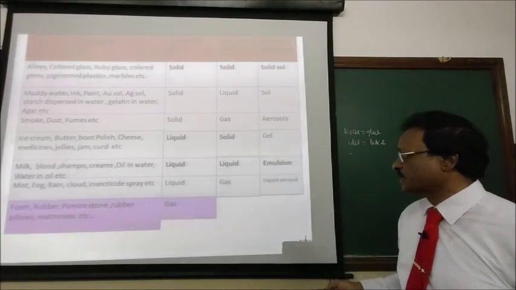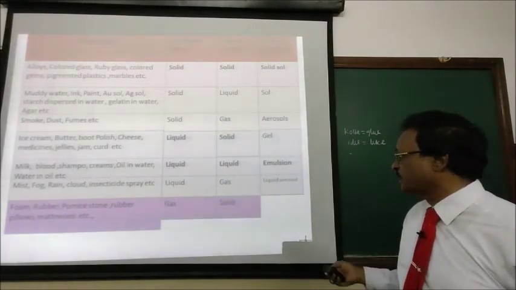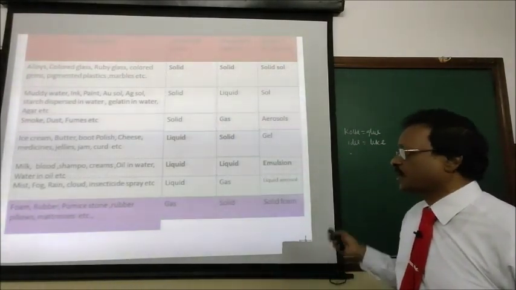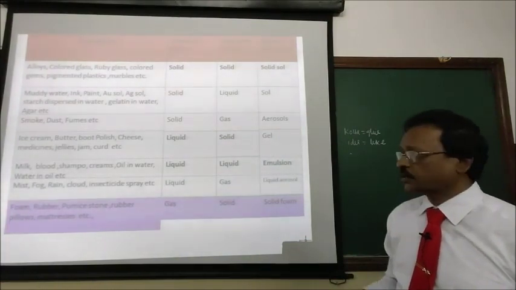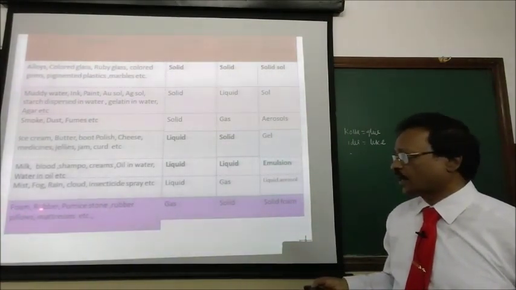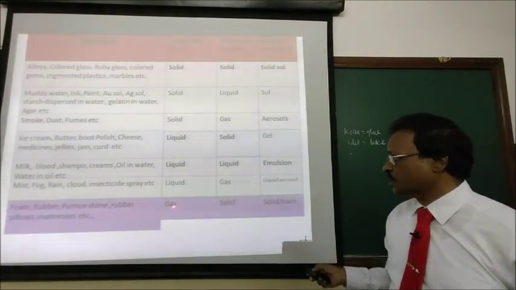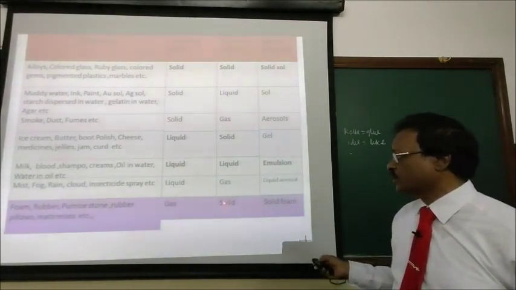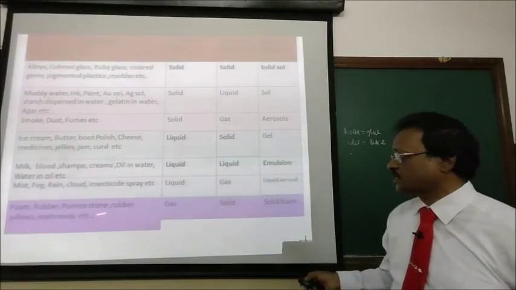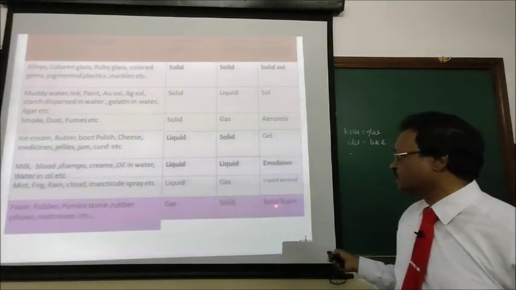Gas dispersed in solid is called a solid foam. So this is foam rubber, pumice stone. In pumice stone, you can find gaseous inclusions, gas dispersed in the solid. The mattress is also gas dispersed in solid, a solid foam.